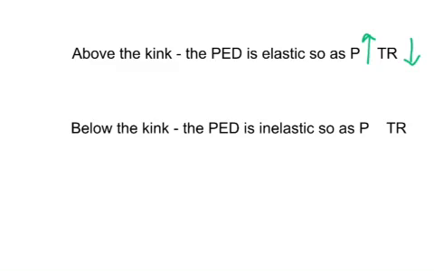Whereas below the kink, if the price elasticity of demand is inelastic, then as price is increasing, total revenue is increasing. So this becomes important because it determines how the oligopoly firms compete.